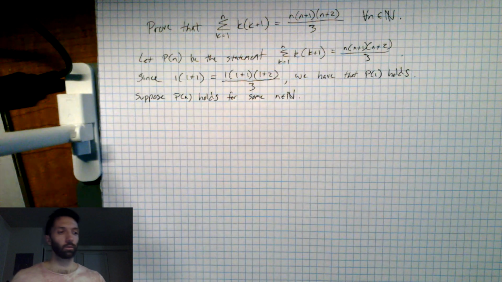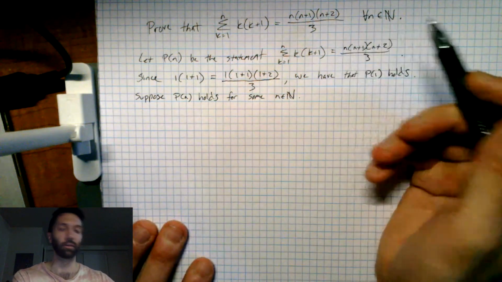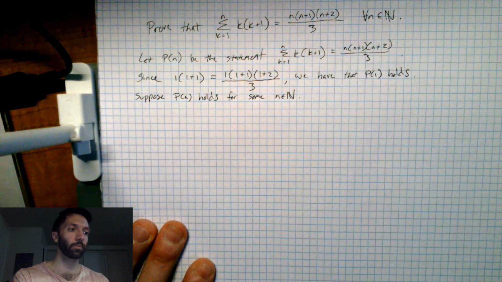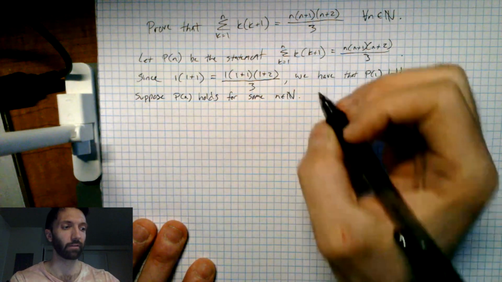And now, in order to show that P of n plus 1 holds, it's important to know what P of n plus 1 actually is. So let me write that out first.